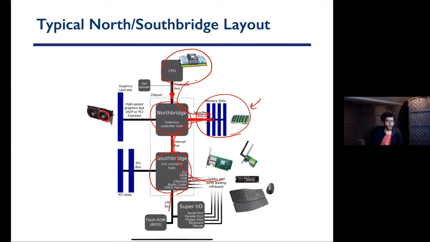Now, initially in very early systems, the north bridge, so this memory controller and the I/O controller, were both off chip. So if you look at your motherboard, you would get a north bridge and a south bridge, and all the I/O devices were connected to the north bridge. These two were connected, and then this would be connected to your memory. And then you would install your CPU.